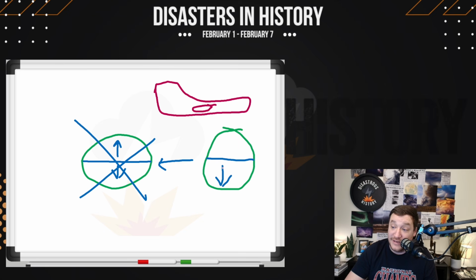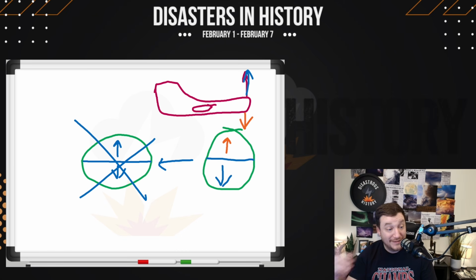If you were pointing down on this gyroscope, your nose was going up. If you were pointing up, like so, the nose was pointing down. So keep that in mind as we continue to talk about what actually happened here.